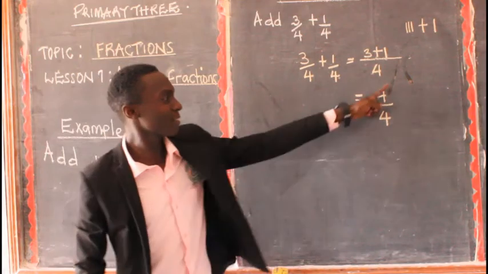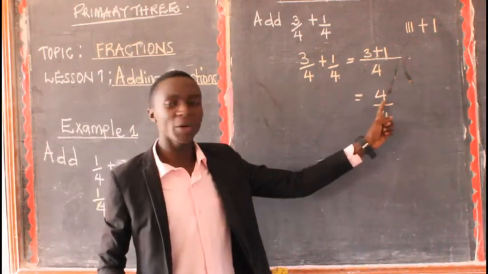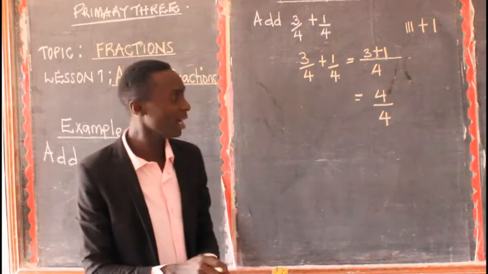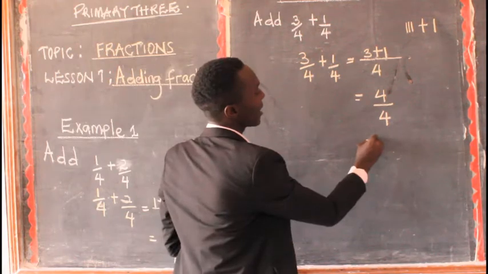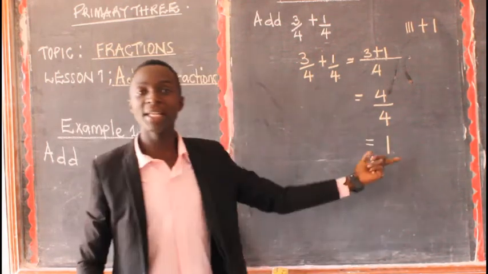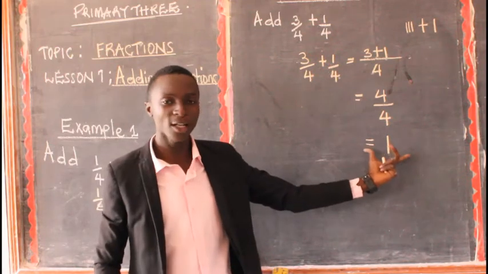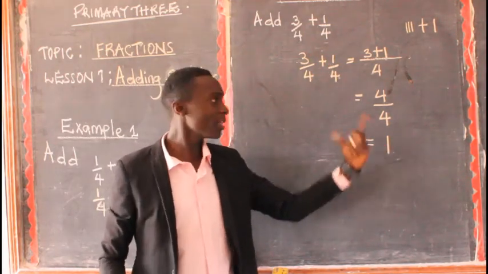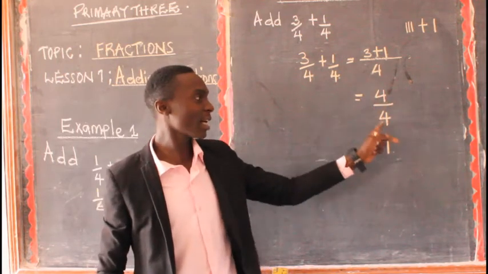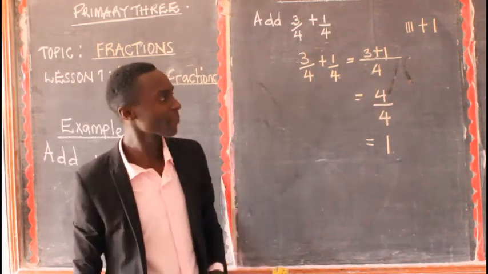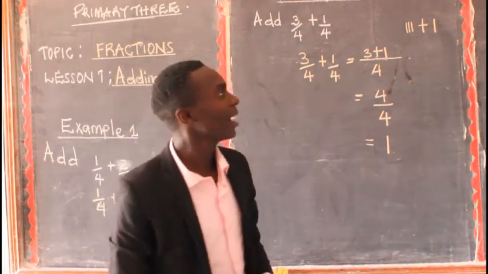So when the numerator is the same as the denominator, you say, therefore my answer is equal to 1. This means a whole. But this comes only when the numerator and the denominator are the same.